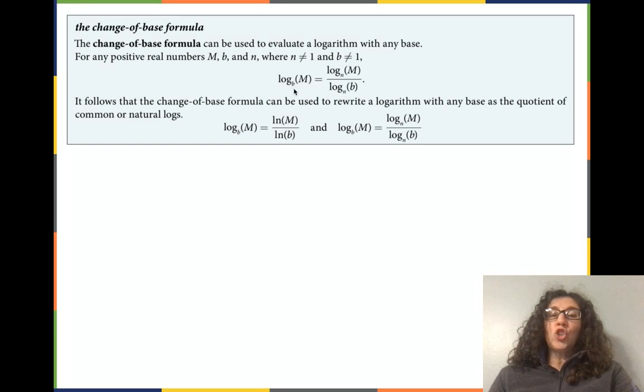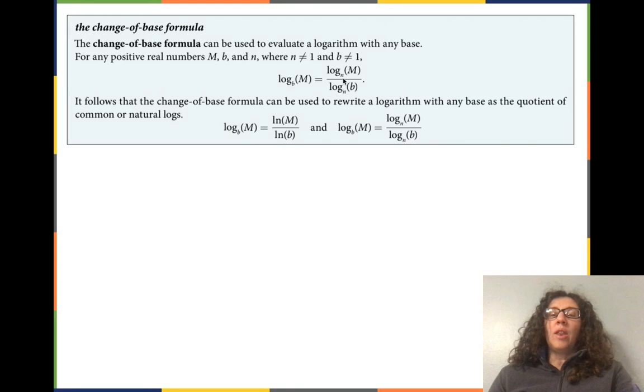We get to choose a new base, n, and this is going to be equal to log base n of m divided by log base n of b. So m and b are numbers that are given to us in our original expression. We choose n. We can choose any number we want for n, well, it can't be 1. Anything but 1.